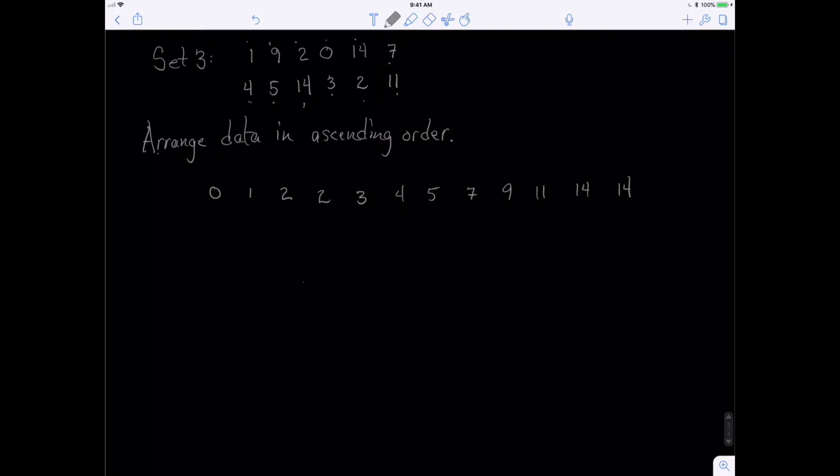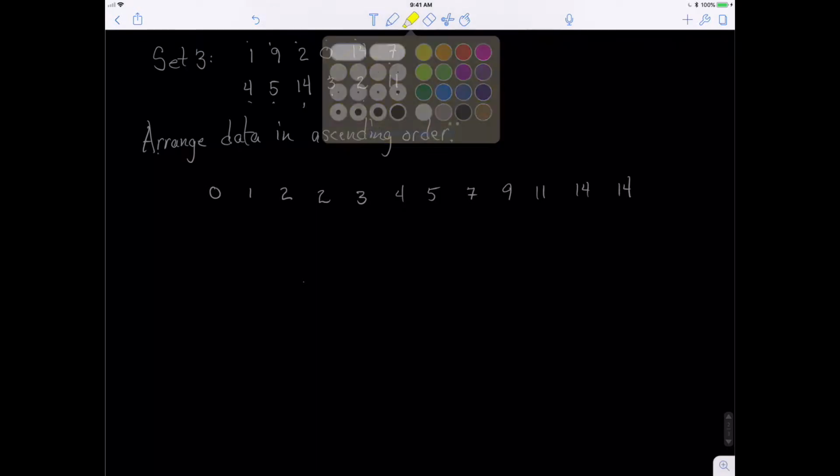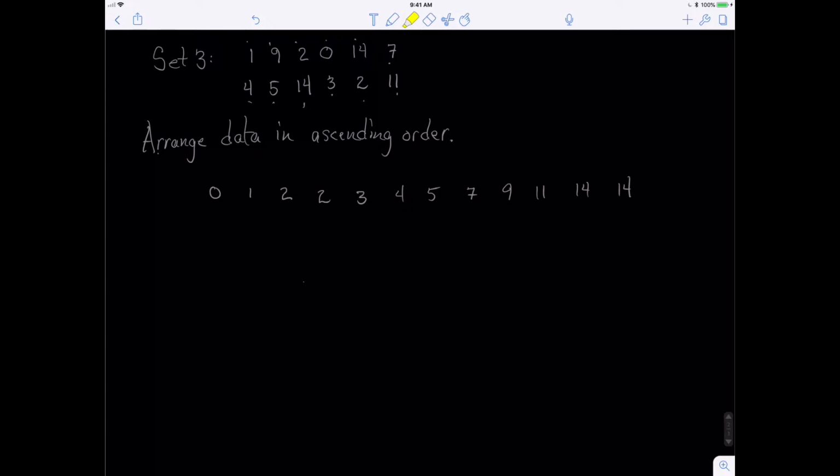Now here's what we're going to do. We're going to go through the exact same process, and the first thing is to find the median of the data.